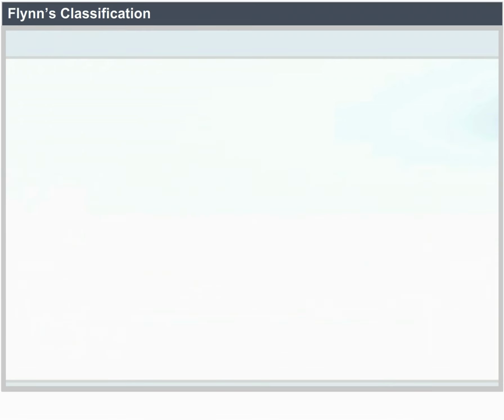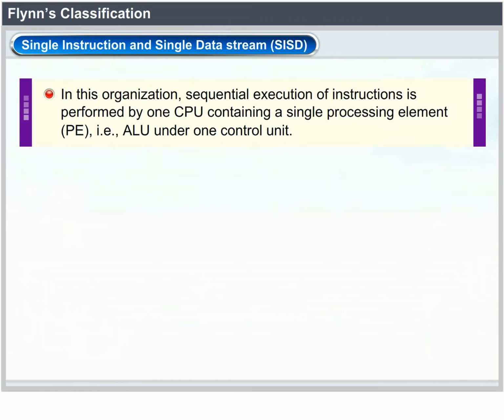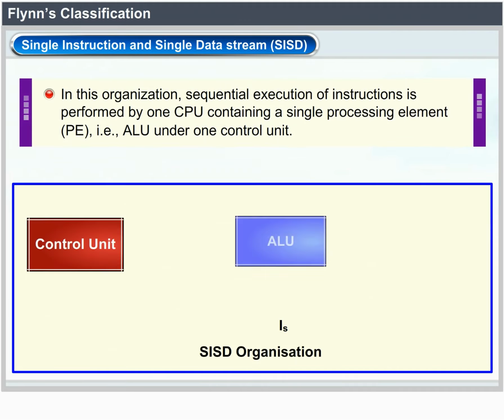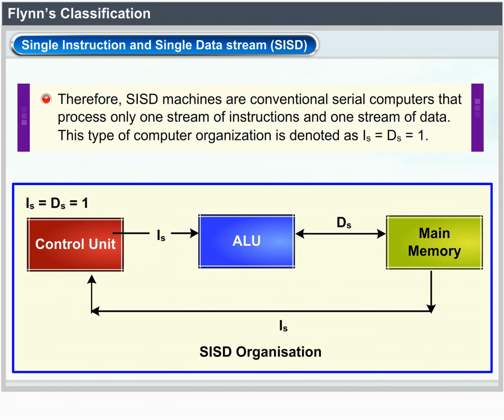Single instruction and single data stream, SISD. In this organization, sequential execution of instructions is performed by one CPU containing a single processing element, PE, that is ALU, under one control unit as shown in this figure. Therefore, SISD machines are conventional serial computers that process only one stream of instructions and one stream of data.